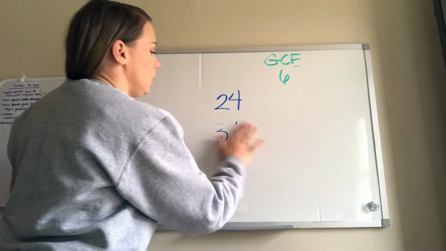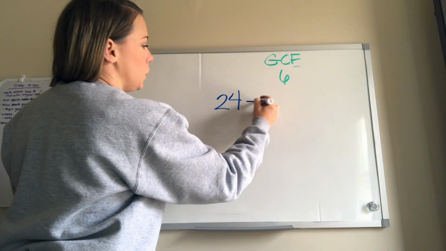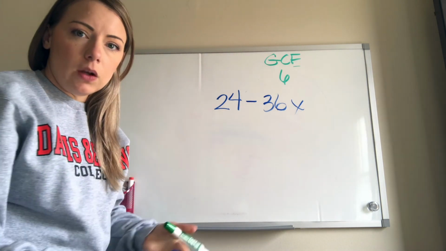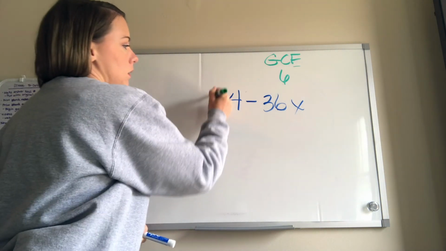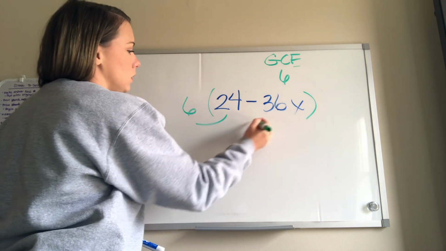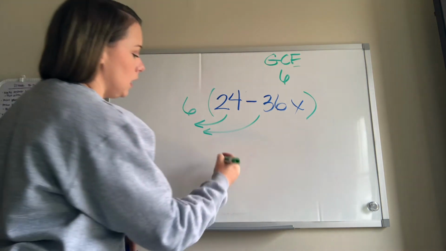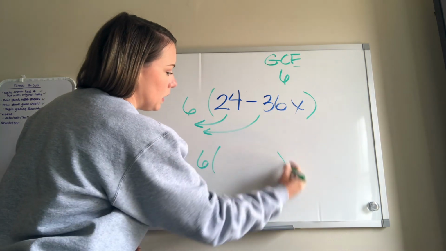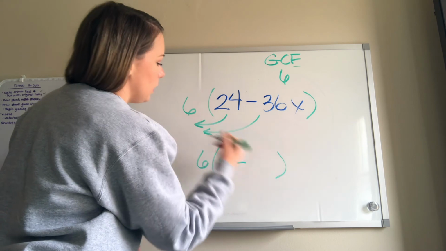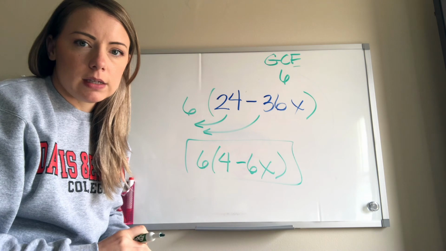If I had 24 minus 36x, and I know that the GCF is 6, I'm going to take 6 out of each one of those numbers. I'm going to divide both of those by 6. Therefore, I would have 6 on the outside. 24 divided by 6 would be 4. 36 divided by 6 would be 6 with that x. Therefore, I just factored out a GCF.